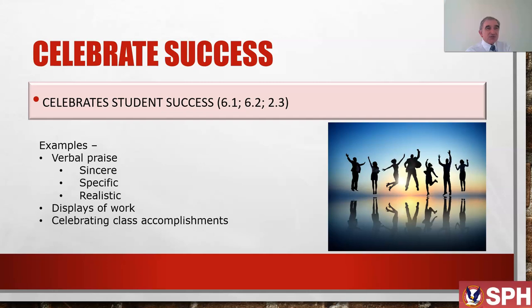Are there displays of work? Are students showing their work? Do they have in mind that their work will be displayed? This idea within deeper learning of beautiful work that we aspire to. Are other students seeing their students as models? Are we celebrating class accomplishments? We finished this unit.